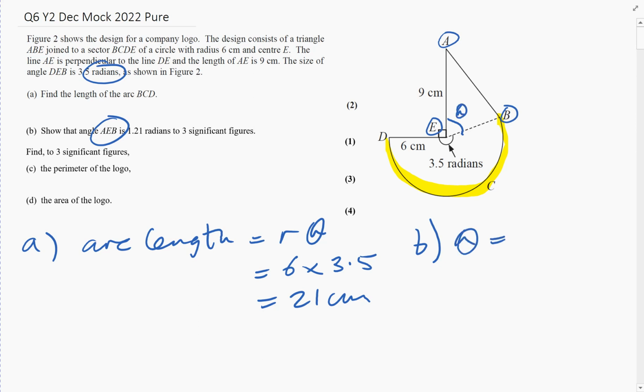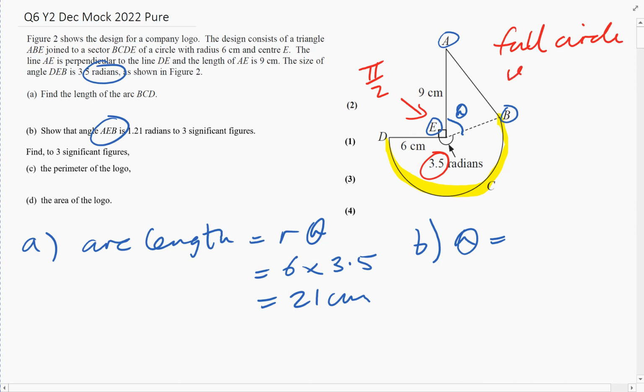It's a full circle, so it would be 360, but if you look at all the angles we've got here, this one here is 90 degrees, but in radians that's pi over 2. This is 3.5 radians, and a full circle is 2 pi radians, which is equivalent to 360 degrees.